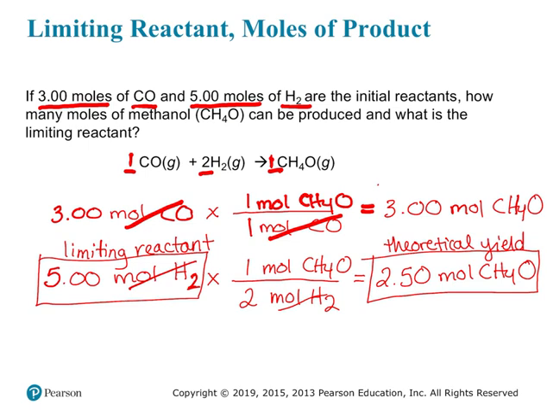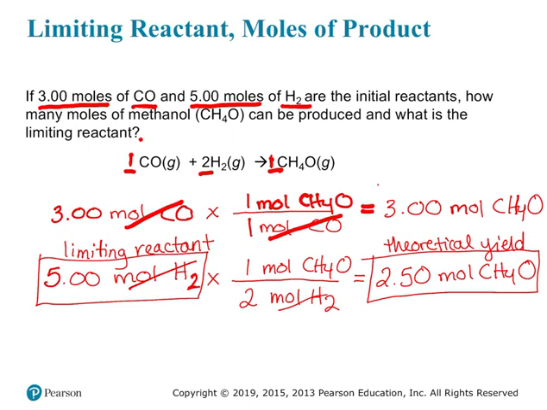All right. Now, there is another way to solve this problem. So if you have taken chemistry before, maybe you saw a different method. So for instance, another way to figure this out is to compare the reactants to each other. So for instance, carbon monoxide and hydrogen react in a 1 to 2 ratio. So if we start with 3 moles of carbon monoxide, we would need 6 moles of hydrogen.